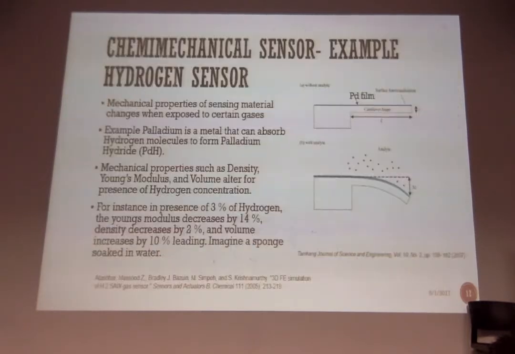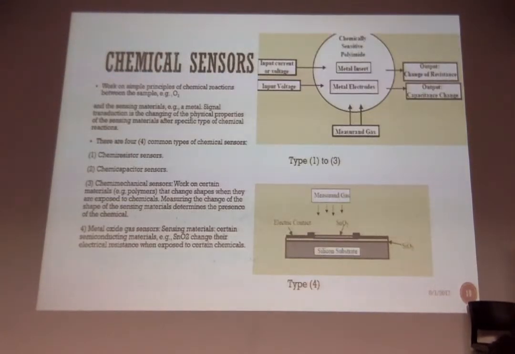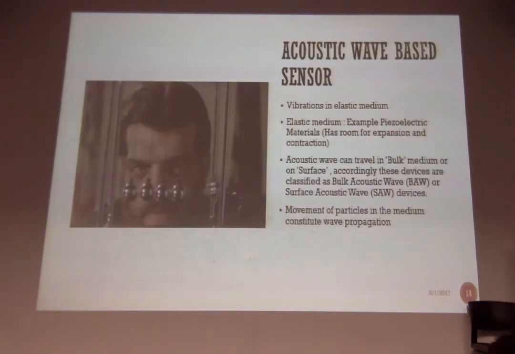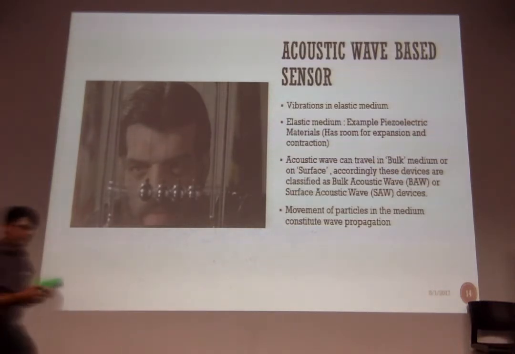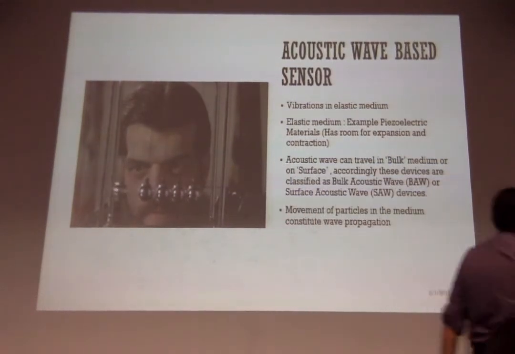I just reviewed it, and then I said there is another way, chemi-mechanical, where a mechanical property changes, and using that we can develop sensors. The metal oxide sensors are the same as what I said. Actually, I combined the first and fourth together. Okay. Now comes Rama's topic. First I covered biomedical, then biosensors. Now I'm going to the acoustic wave type sensors.